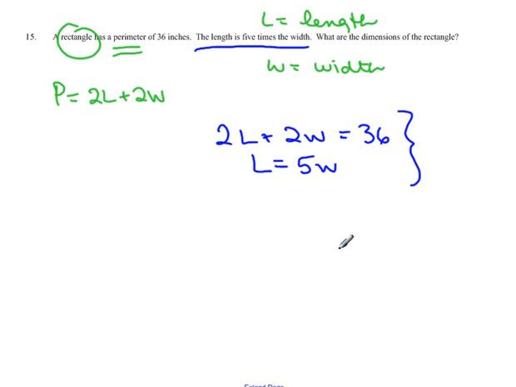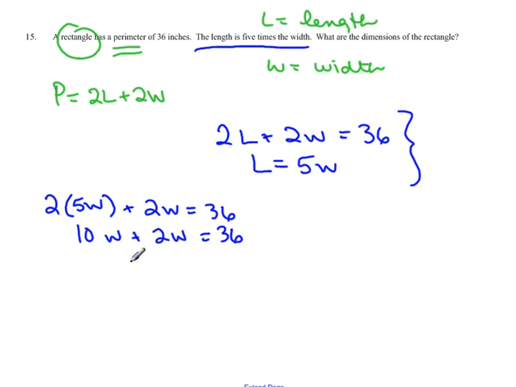This one is set up nicely to use substitution, so I will replace the L with 5W in the top equation. So 2 times 5W plus 2W equals 36, and solve. Collect your like terms, divide by 12, and the width is going to be 3 inches.